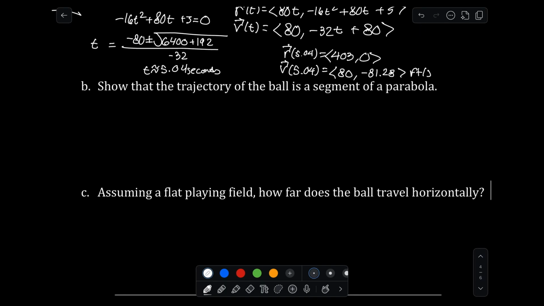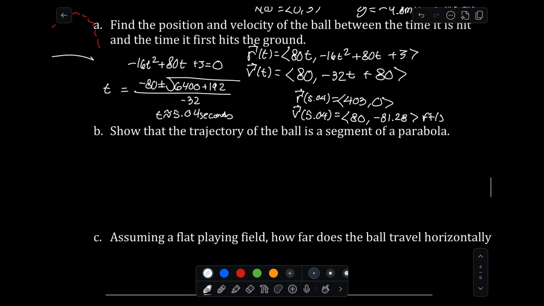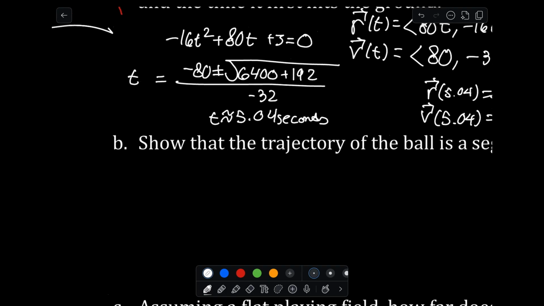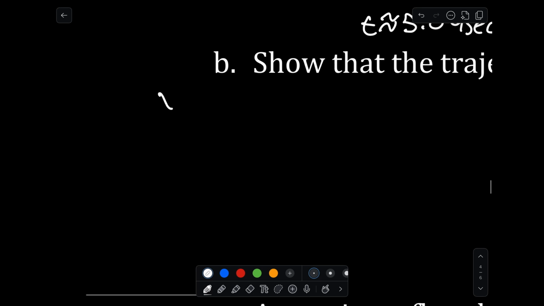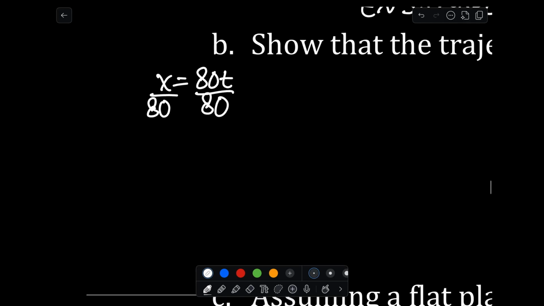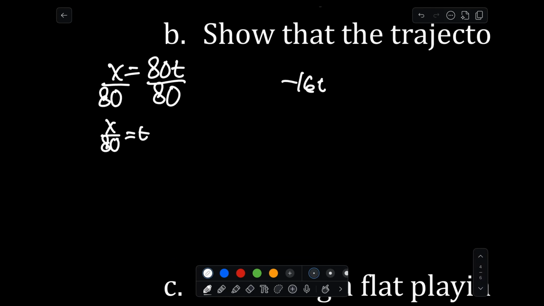And then part B wants us to show the trajectory of the ball of the segment as a parabola. What we can actually do, this is a neat trick that you may have learned in Calculus 2, it's a nice little parametric substitution, excuse me. You get this, and you have your other equation.